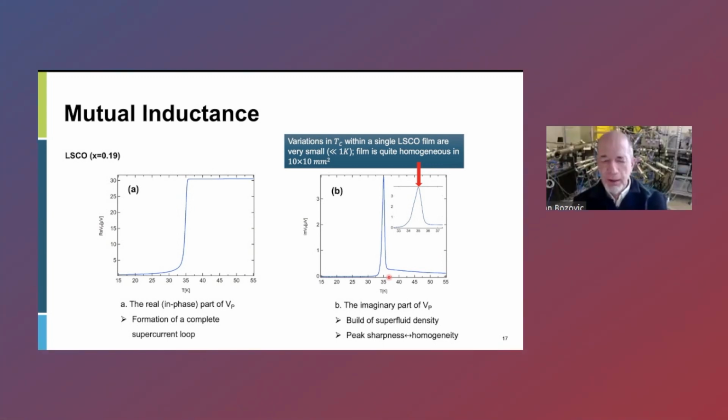Can I comment? Nevin, this substrate has a backside coating, which is metallic, strontium ruthenate, and it's a thick film. It's not superconducting, but it's metallic, so it has some skin effect. If we remove that backside coating, then the imaginary part is zero, above and below. It was not corrected for the metallic background. These are raw data.